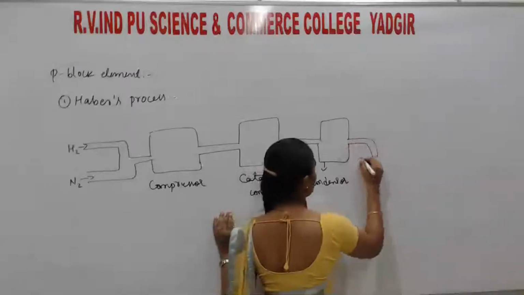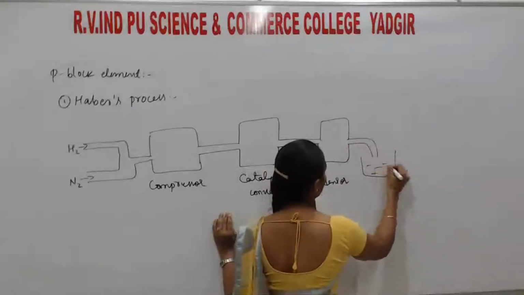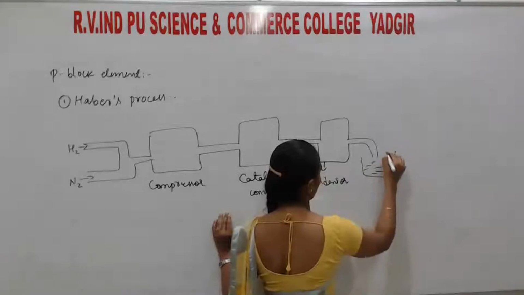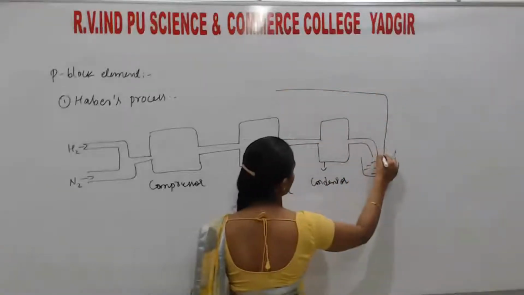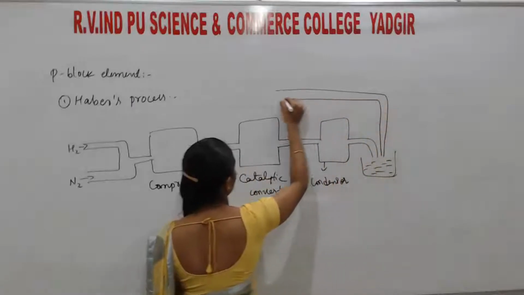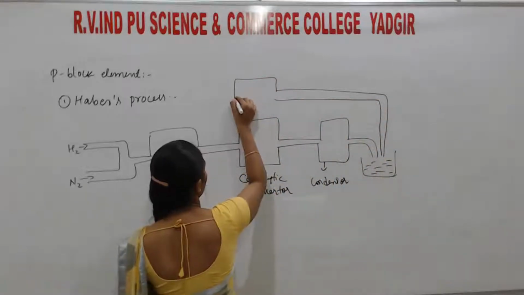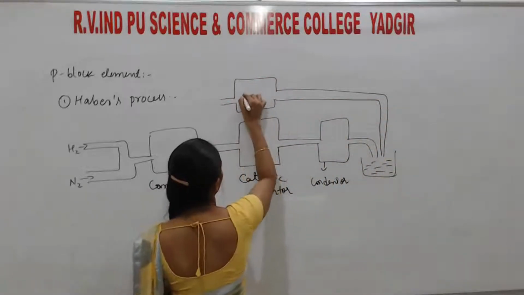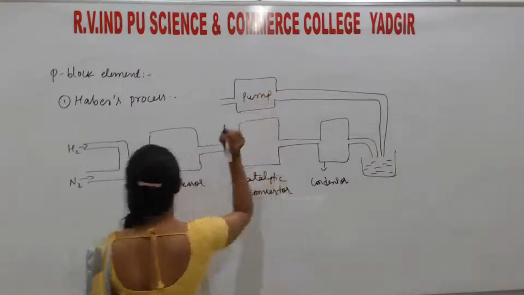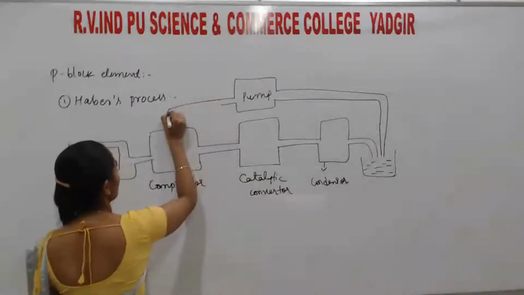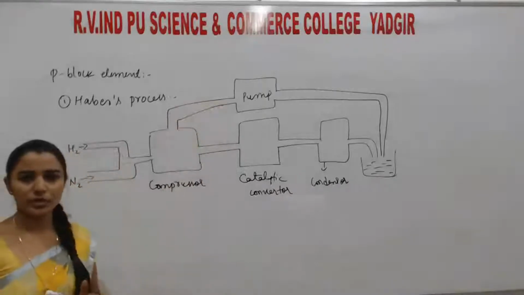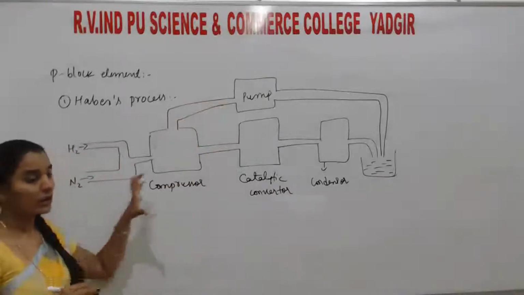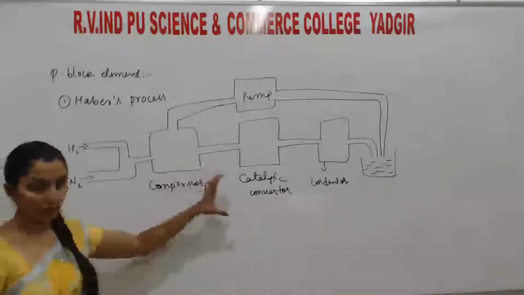This one is liquid ammonia. And this one is again connected to the pump. This is the flowchart. No matter what, this is the way you have to write it, and connect it like this.